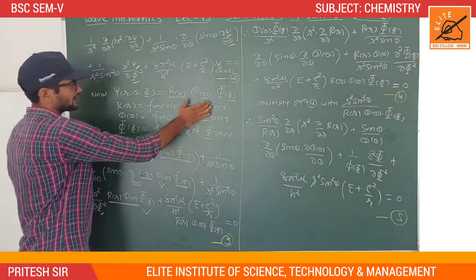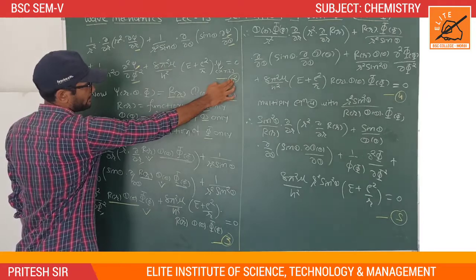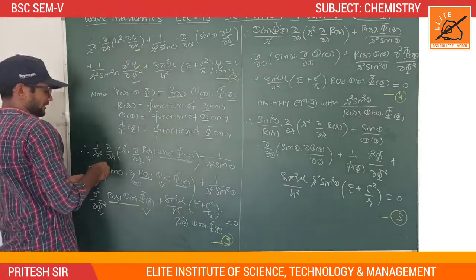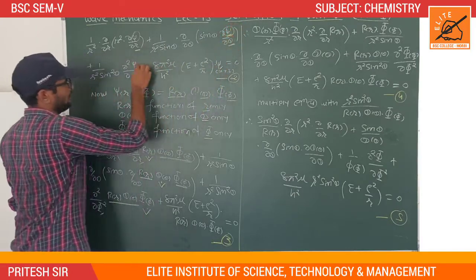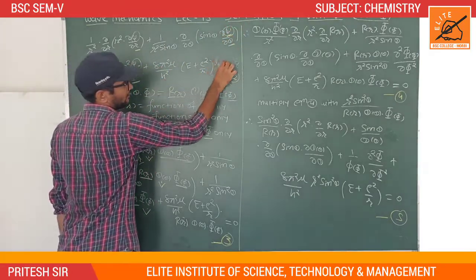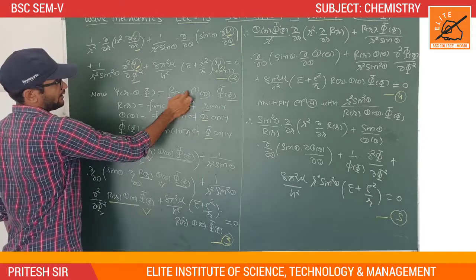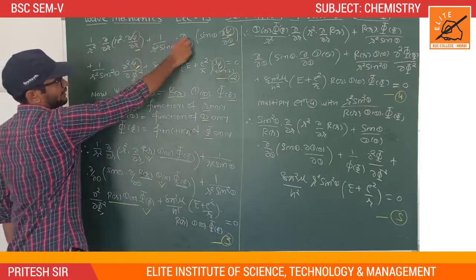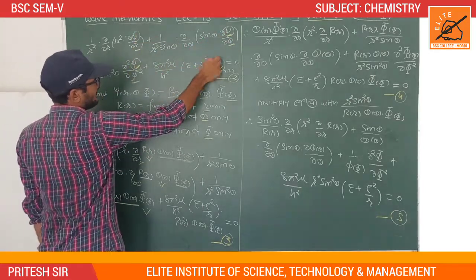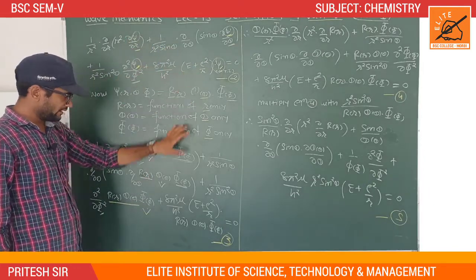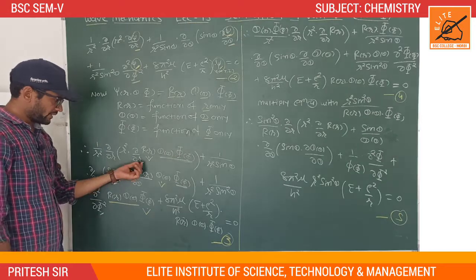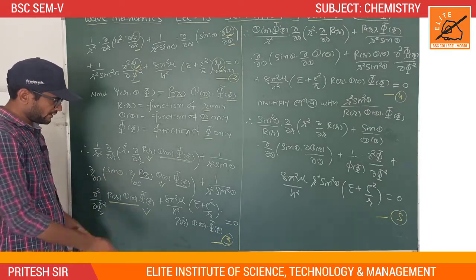So put the value of sin in equation number 2. Here put the value of sin at this position, and this one. Okay, put the value of r sin here and here. At 4 different places, put the value of sin. Then after this, the first term contains only one variable, that is r.